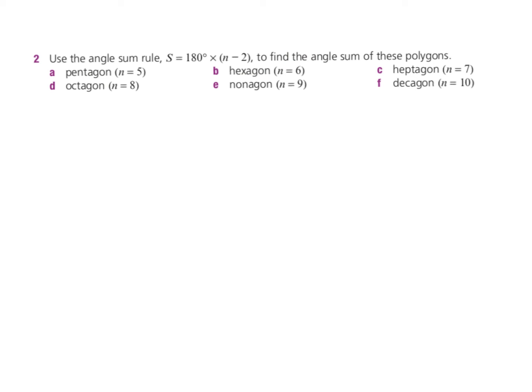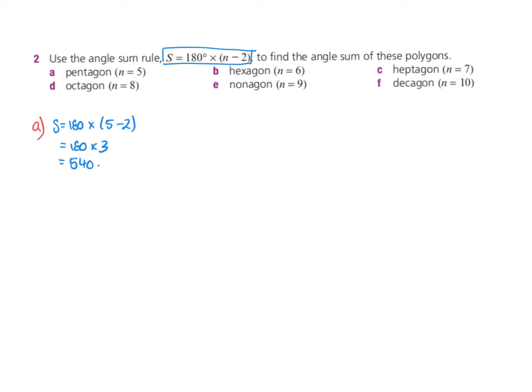Okay, so use the angle sum rule, this one, S equals 180 times n minus 2, to find the angle sum of these polygons. If I look at A, it's a pentagon and it has 5 sides. So the rule says 180 times 5 minus 2, so it equals 180 times 3, which was 540.